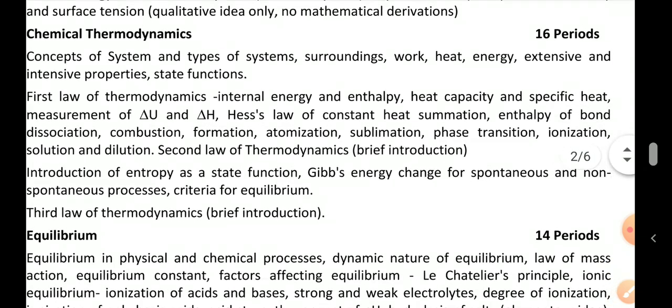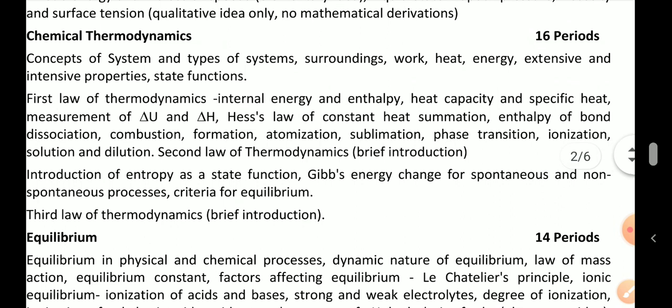Now come to the next chapter, that is chemical thermodynamics. It is not completely theoretical, numericals are also there in this chapter.